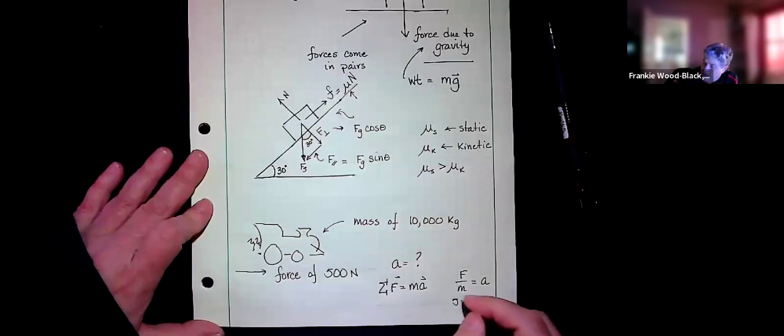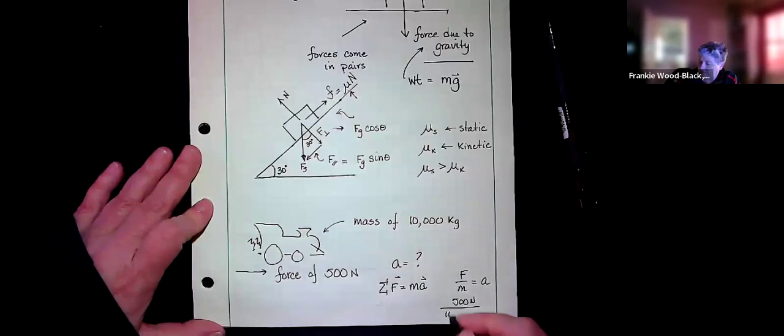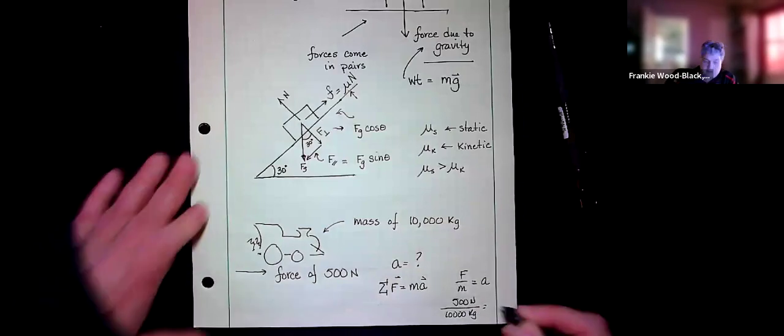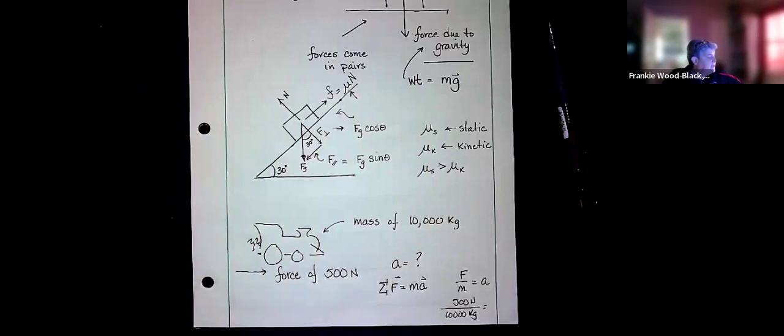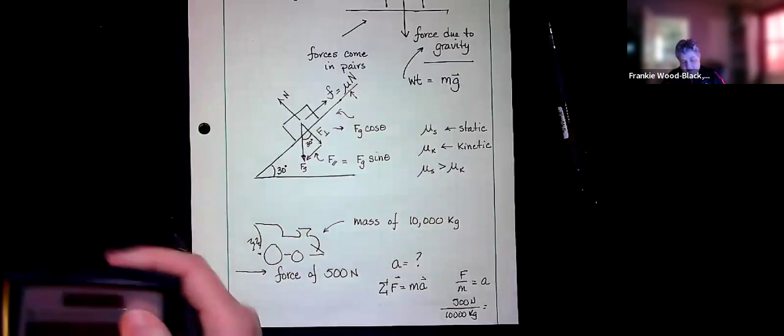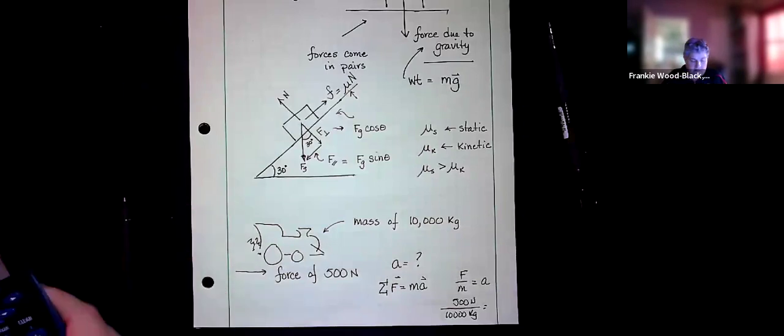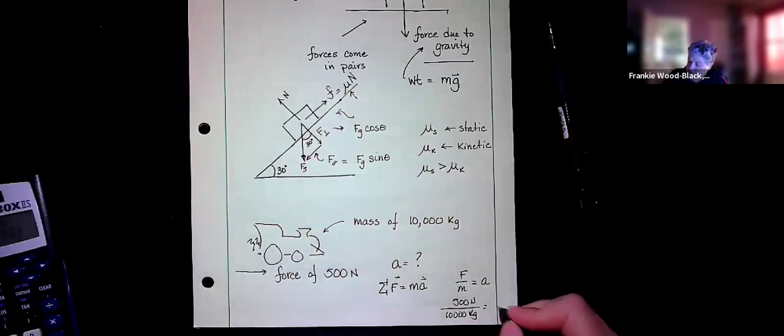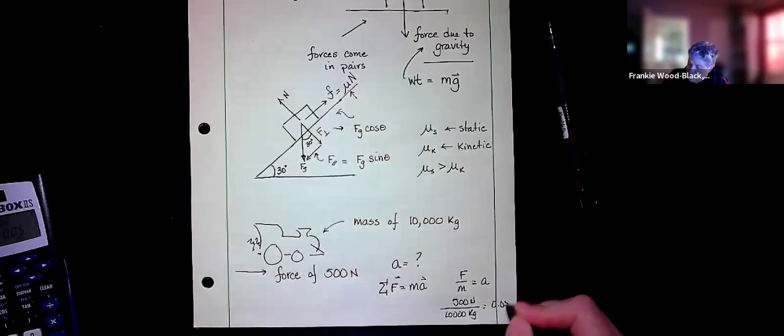I'm going to take my 500 newtons divided by 10,000 kilograms. 500 divided by 10,000 gives me 0.05 meters per second squared.